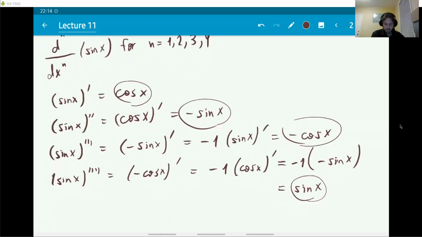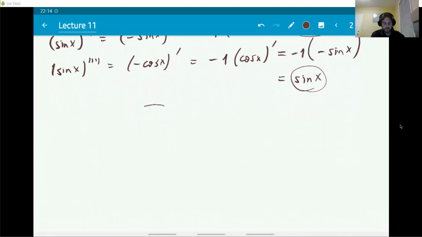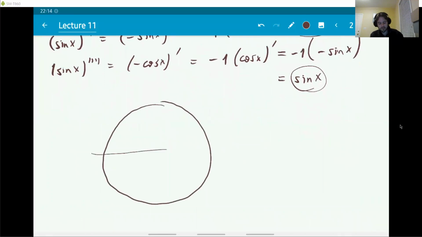And by the way, this reminds me of one thing. If you're having trouble remembering the derivatives of sine and cosine, there's a little trick that you can use. Imagine the unit circle. We're going to write a few symbols here. You can think of it probably this way. The x-axis is where you look for the values of cosine when you're looking at the unit circle. And we can write here the places where cosine is positive and the places where it's negative.